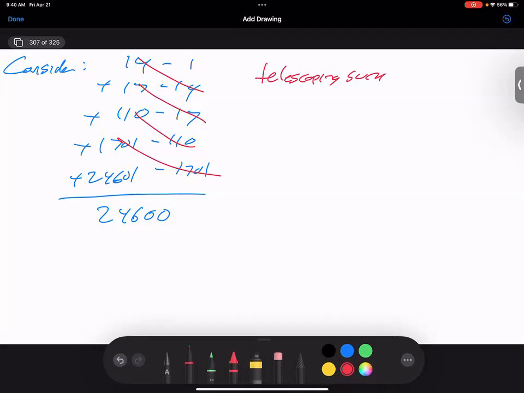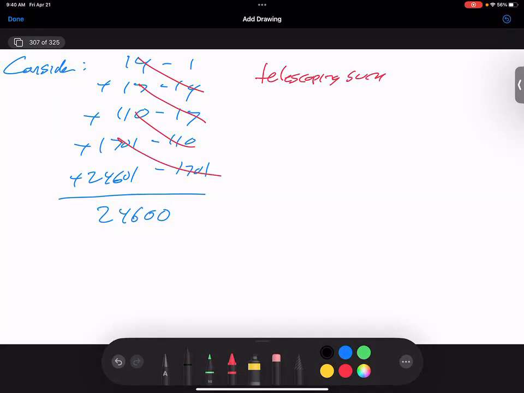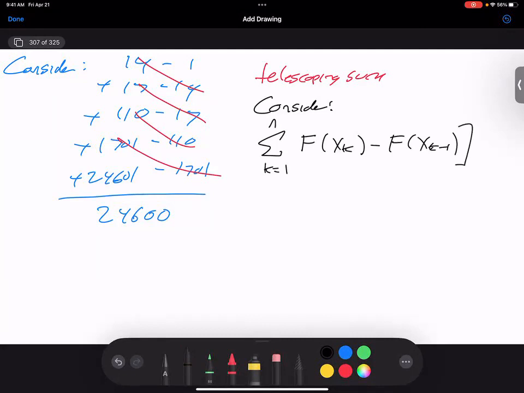So let's consider the sum, k goes from 1 to n of f(x_k) minus f(x_{k-1}). Okay, so what would this be?